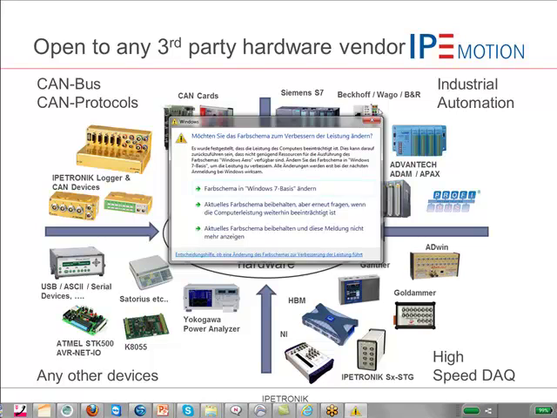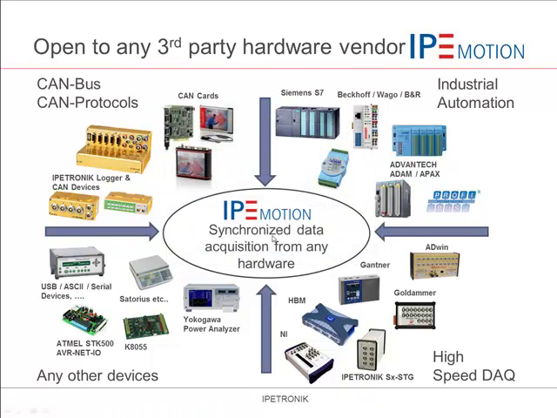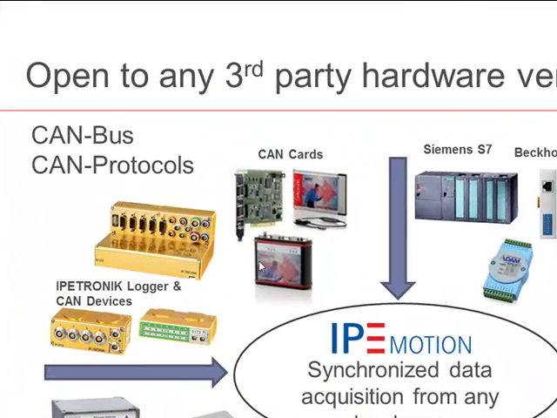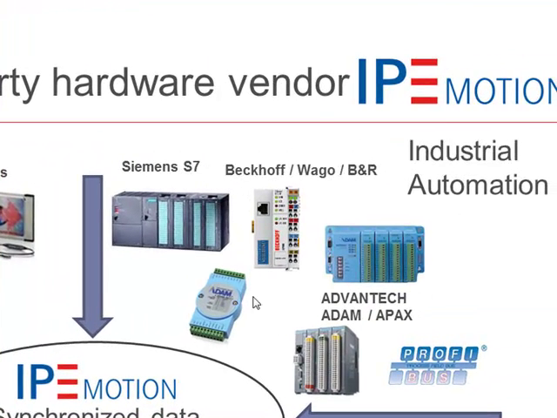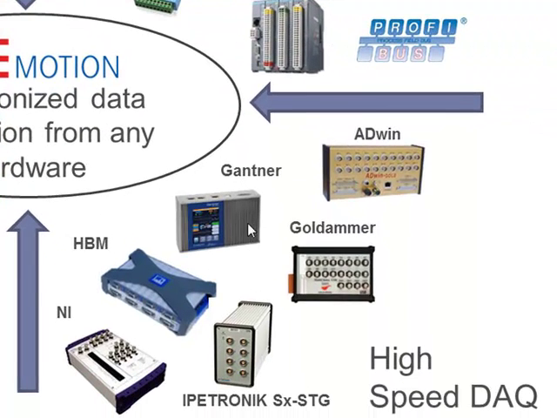Just one overview of the data acquisition from the devices. We have the IPETRONIK products, CAN cards, so this is one field. We have interfaces and drivers for PLCs, Beckhoff, Vagos, Advantex. We have different high-speed devices, HBM, National, Goldammer, Gentner, Edwin, whatever.